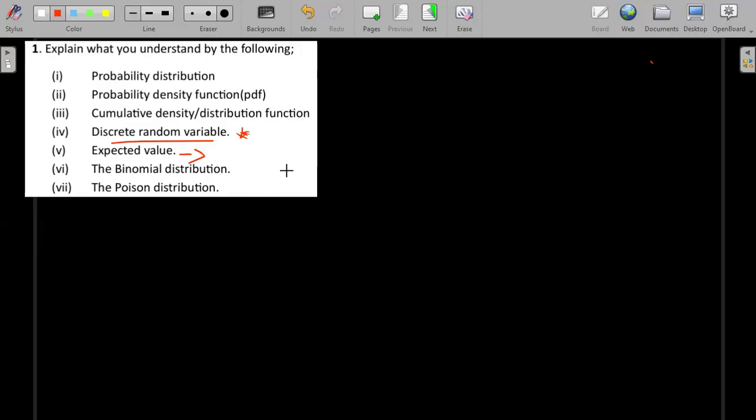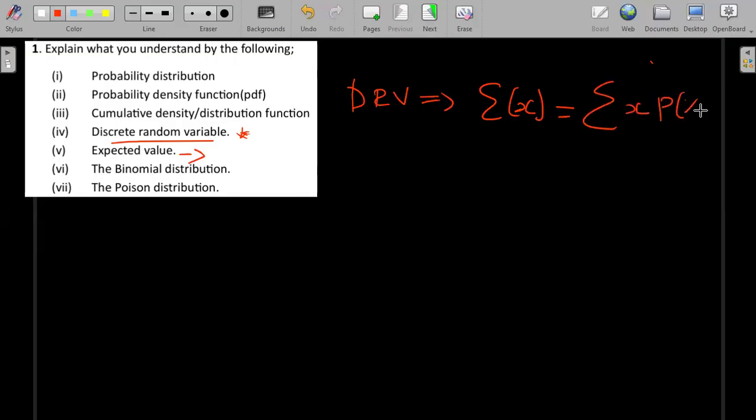So the long run average of the outcomes of the experiments, that's what we call the expected value. For discrete random variables, the expected value is equal to the summation of all the random variables with their probability.